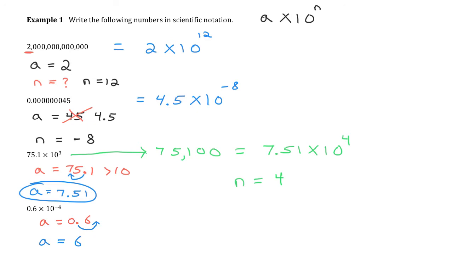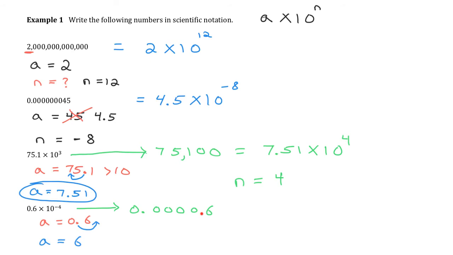Okay, so to figure this out, let's take the same approach of taking 0.6 times 10 to the negative 4 and writing it in decimal form. We're going to move the decimal point 4 places to the left. That is, we get 0.00006.